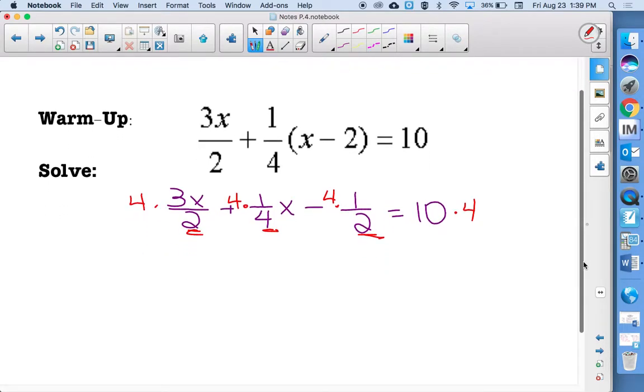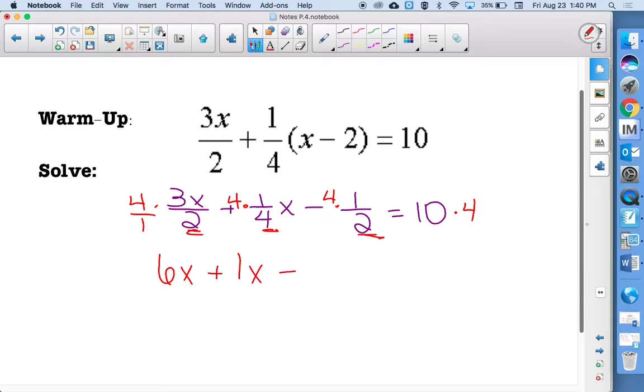So if you do that, 4 times 3 halves, Connor, becomes 6. Because I have 12 divided by 2. A fraction is really dividing. And then we got the x. Connor, 4 times a fourth is? 1. Yeah.